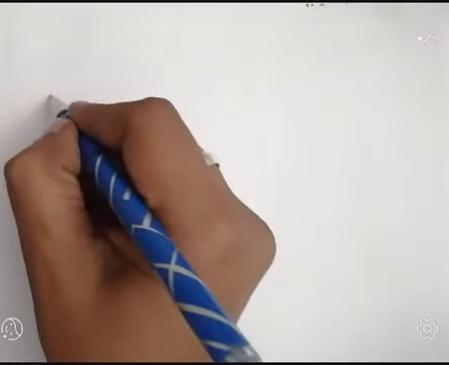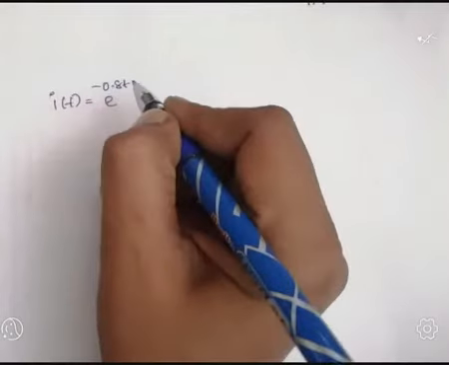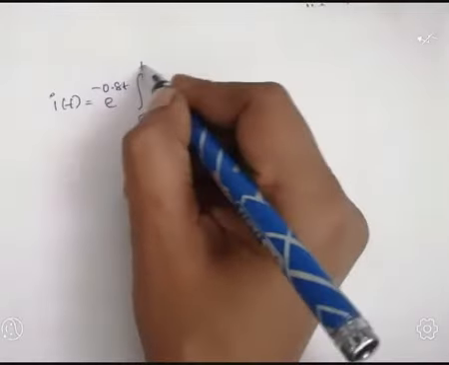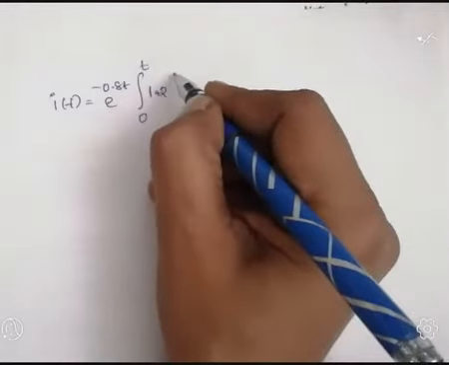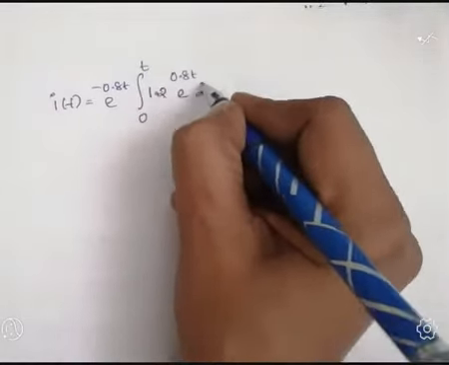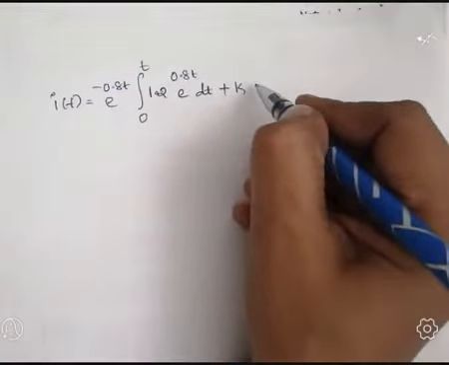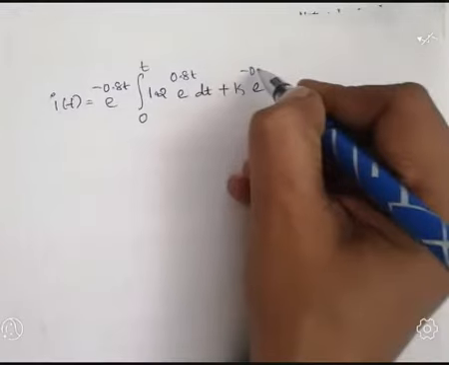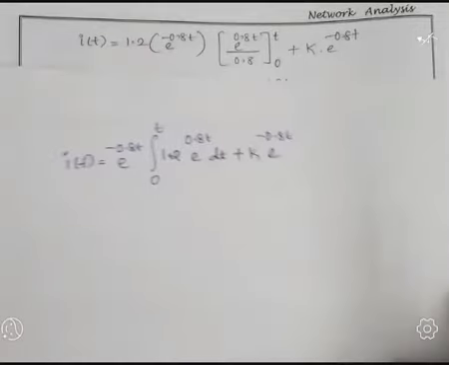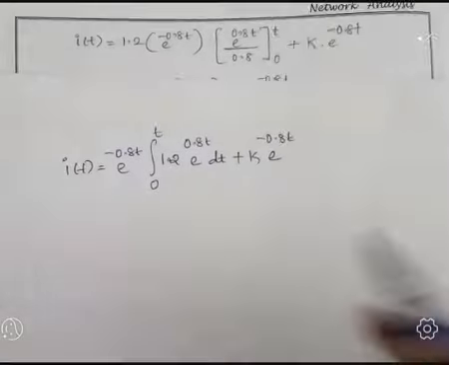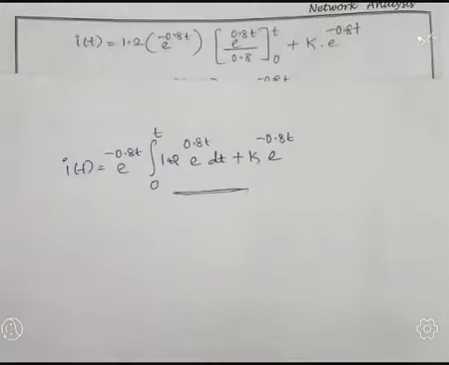I of t is equal to e to the power minus 0.8t, integration 0 to t, 1.2 e to the power 0.8t dt, plus k e to the power minus 0.8t. Okay, this one you have to simplify, correct? See here. This one you have to simplify.